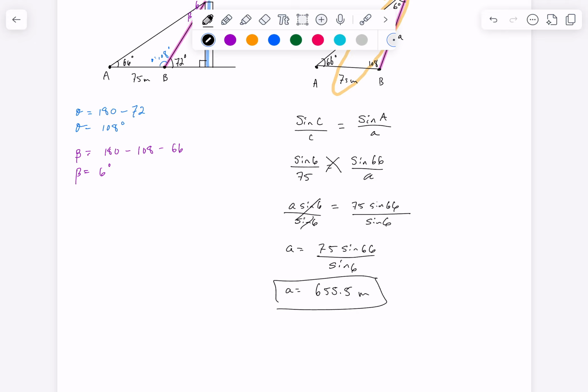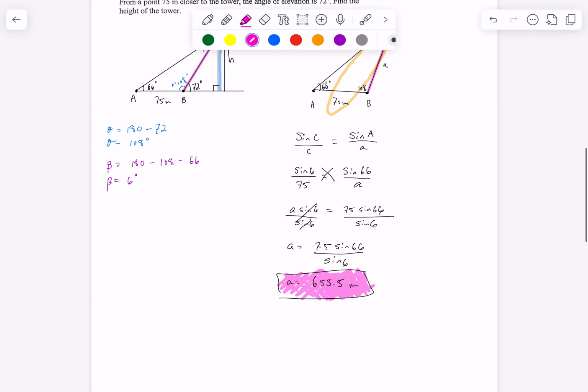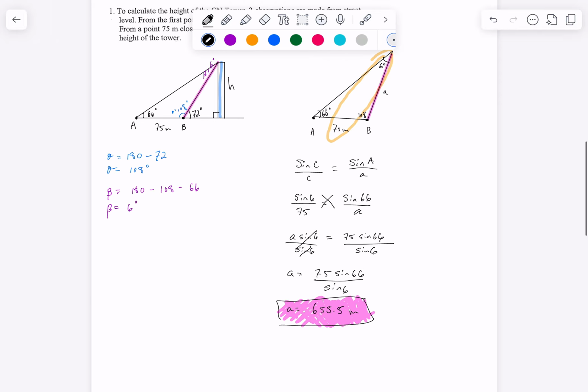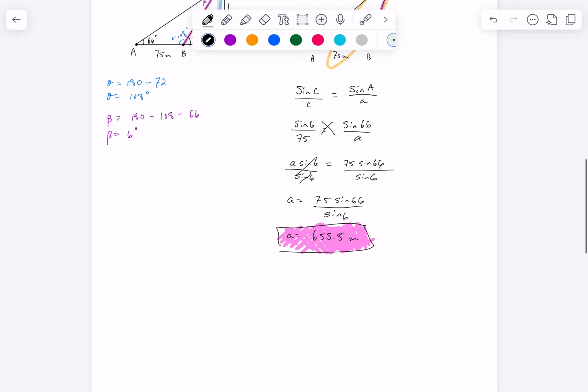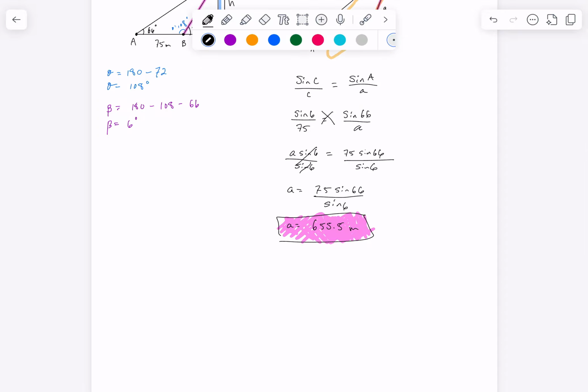Okay. And once we have that, now you've got that pink piece we talked about earlier. Okay. And if I were to draw another triangle now, one with the CN tower in it, right? So if I extracted the other triangle, it would look like this now. I'd have the CN tower, who has a height of h, okay?